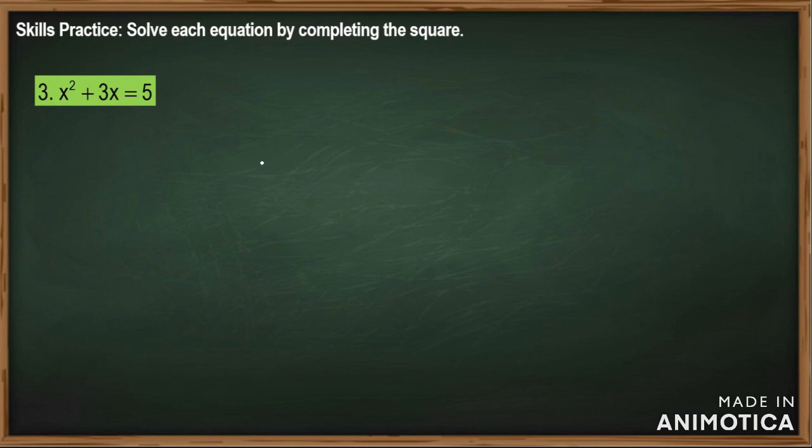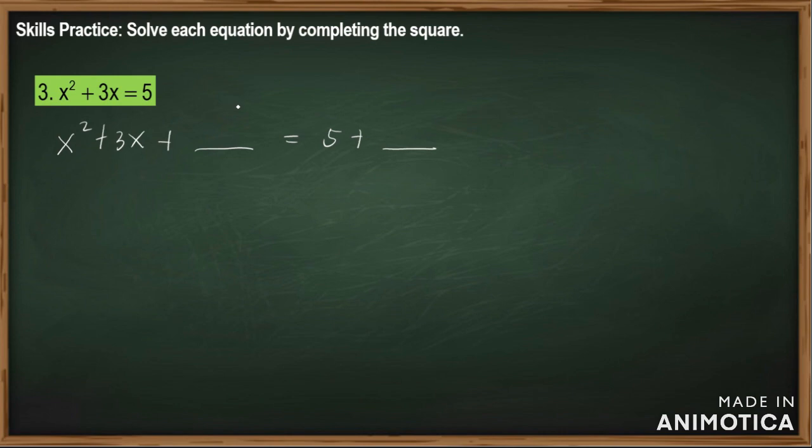For item number 3, pause this video for a while, and after answering, play it again to check your work. So let's check. We have here x squared plus 3x. We leave a space for the third term to complete the trinomial. So we have 5 plus the added term.